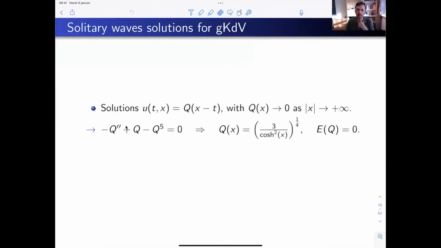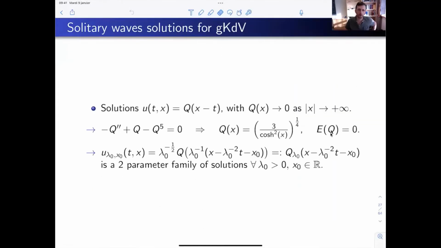And actually, this is a calculus exercise, maybe not easy, but you can really do it with calculus tricks. Integrate this ODE, and you find that you have an explicit solution. So it is a power of a hyperbolic secant. So it is really going to 0 at infinity with exponential decay. And moreover, in the critical case, you can compute the energy of this guy, and this is exactly 0. So this will be fundamental also.